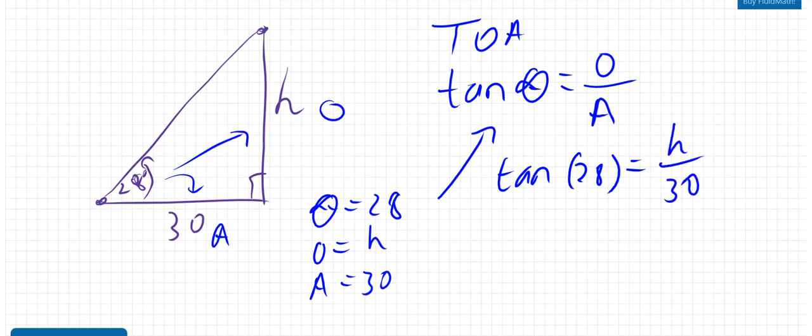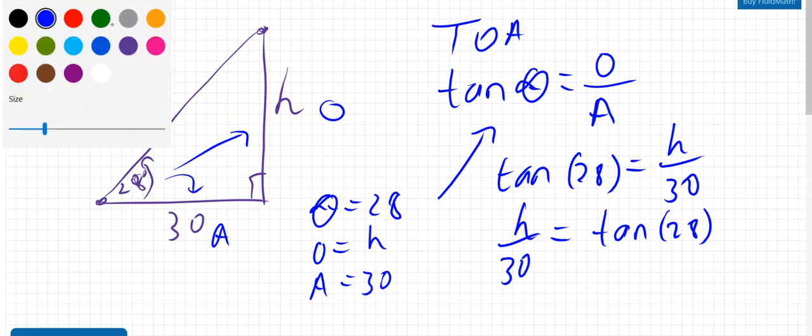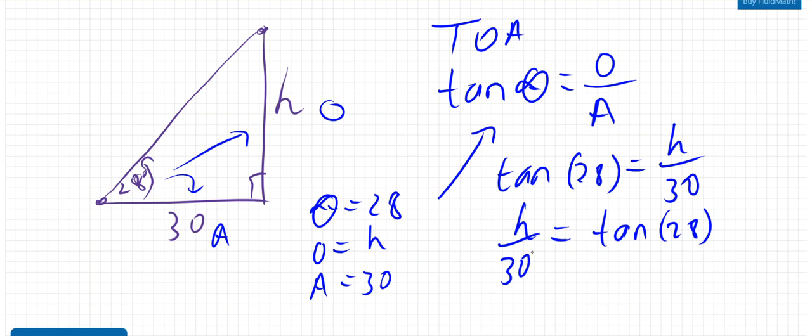Okay, so now all I've got to do is solve for h. h, the variable I'm trying to solve, is on top. So I'm going to rewrite it like this. If you prefer doing it this way, you can. Okay, and now 30 is on the bottom, so times by 30, times by 30.